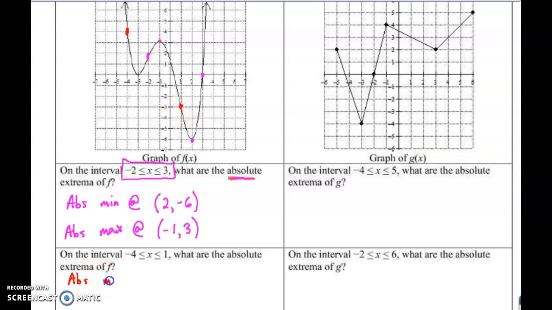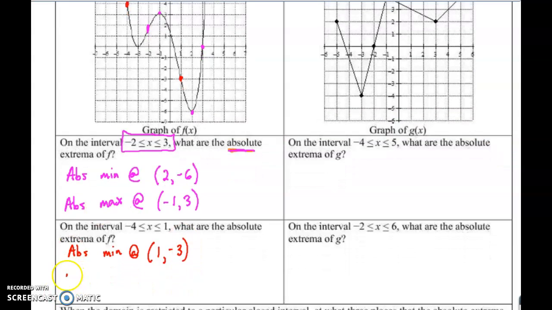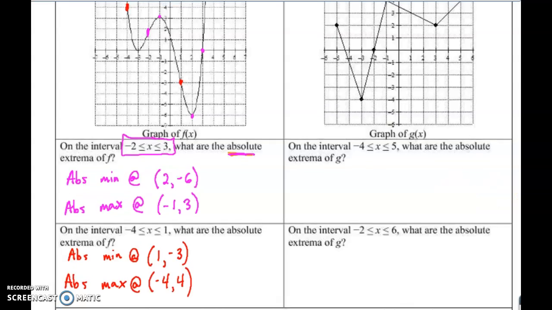So the absolute min is at the endpoint, (1, -3), and the absolute max was at, let's just say, (-4, 4). I know it's really tough to see, and when I flip back to the answer key, you might see a different answer.